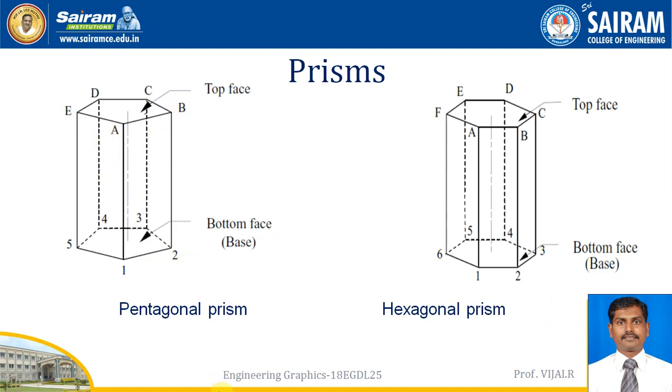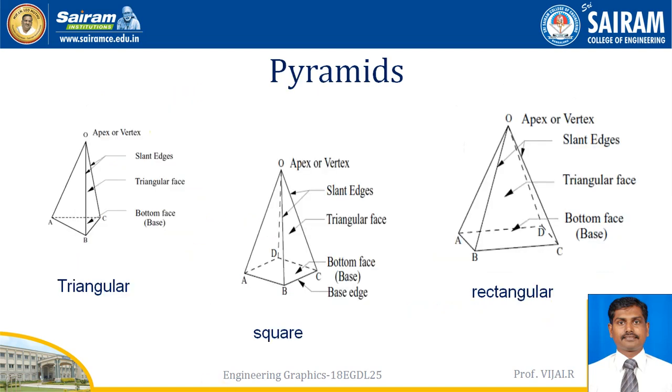rectangular faces. So now we are coming to pyramids. A pyramid has one base and it is connected with triangular faces. Okay, one base and one apex. Here this line we call the slant edge. Okay, this is the slant edge and these are all the triangular faces.